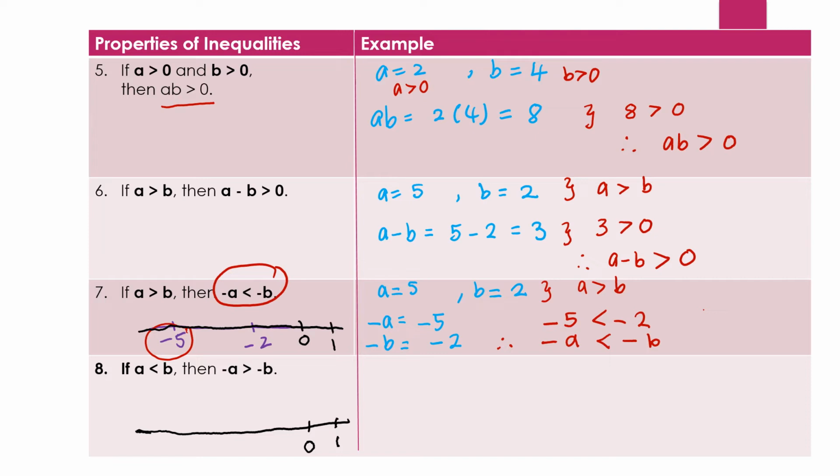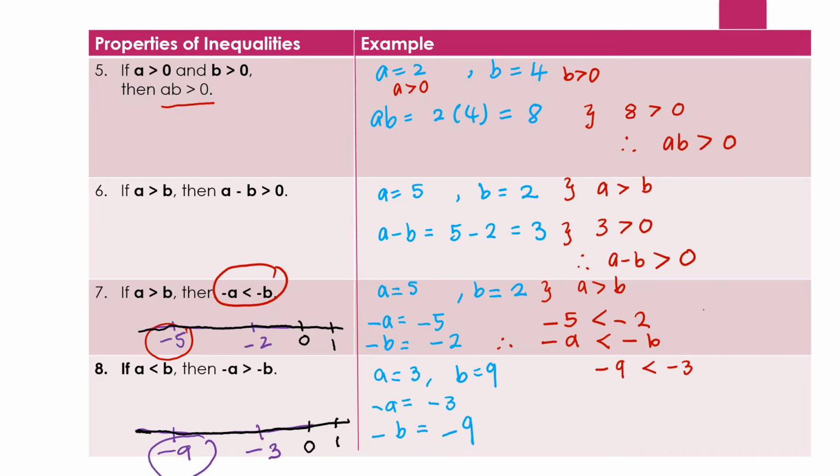Now for property number 8, let's say A equals 3 and B equals 9. Now I have -A equals -3 and -B equals -9. I will now draw my number line. Smaller number on the left, so -9 is at the left hand side and -3 is on the right. So over here, I know that -9 is smaller, so I can write -9 is smaller than -3.